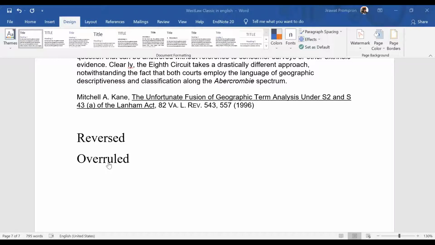So if you want to see the progress or the history of this case, you just click on the history of this case. Look at that, they will give you the progress of this case. And if you want to see which cases follow this decision, you just look at citing references, and you can see the cases.